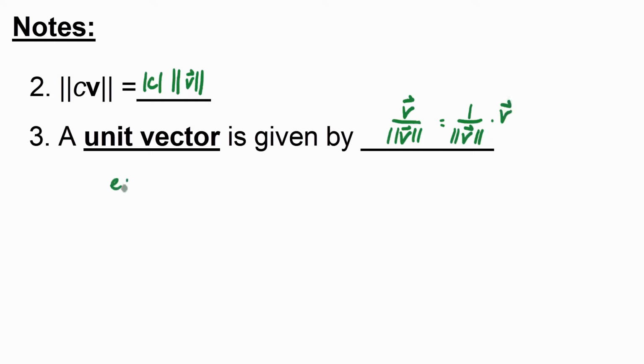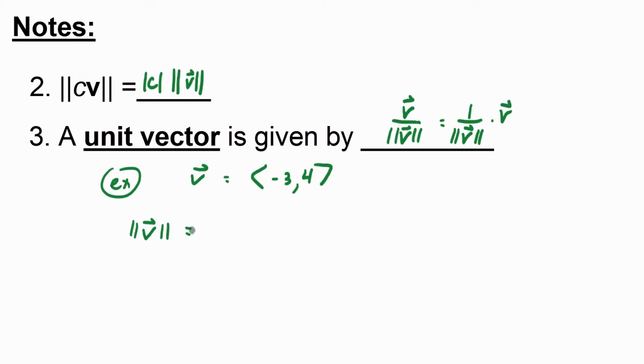Quick example. Let's take the vector -3, 5 in component form. No, let's make it even easier. Let's make it -3, 4 in component form. What's the magnitude of v? It's so common you could even do it without the Pythagorean theorem or the magnitude formula.